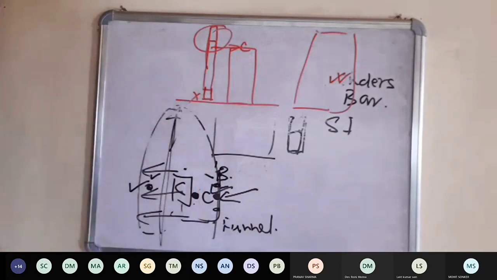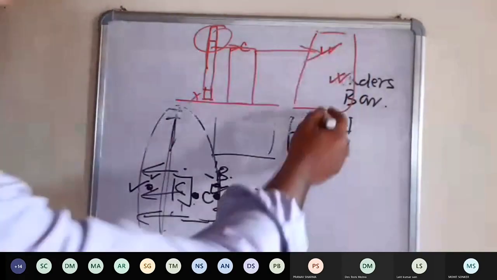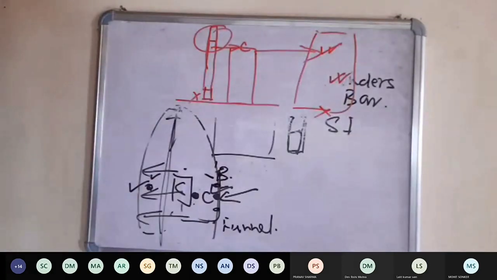Ye wala utna effective nahin hoga. Like for example, this one will be the effective pole. This will not be the effective pole.